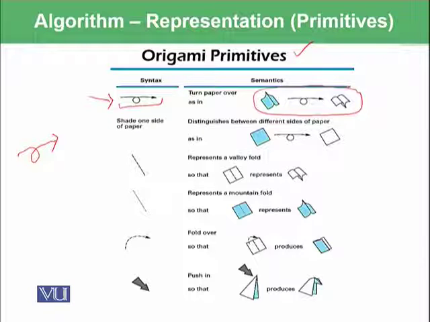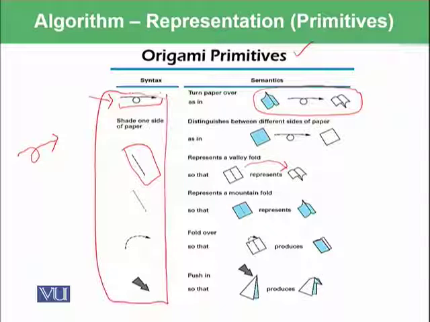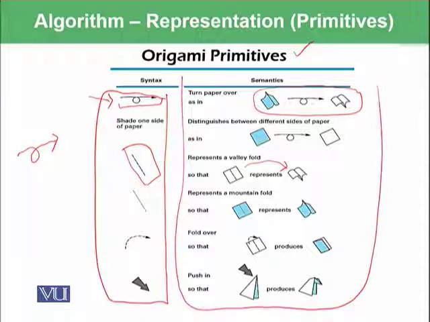Then, when we have such a symbol, it means represent a valley fold, like a folded book. So every primitive defined over here in a syntax has semantics which are defined over here. So these are the primitives of origami. However, we will learn about computer science primitives in detail in the next module.